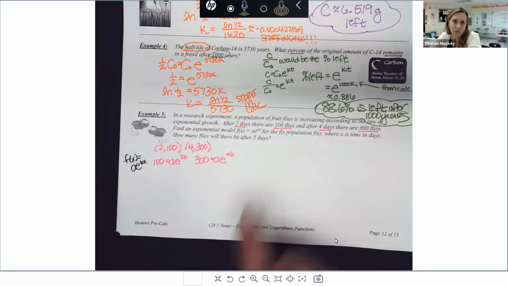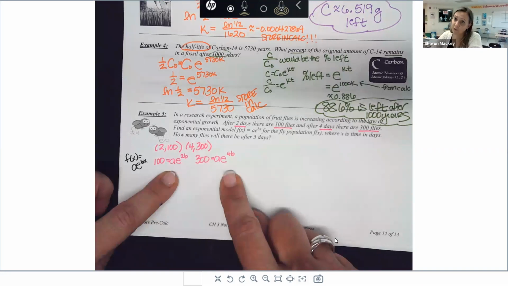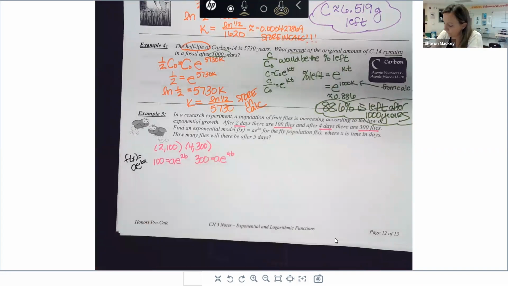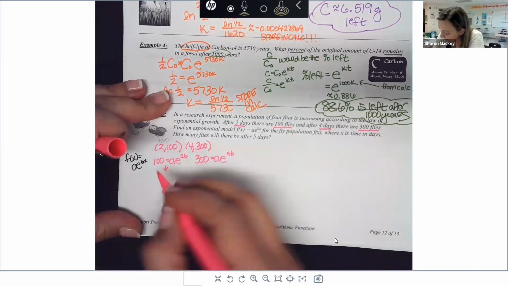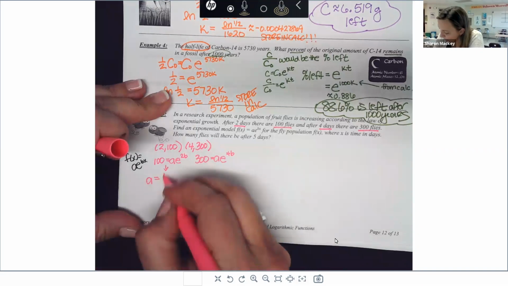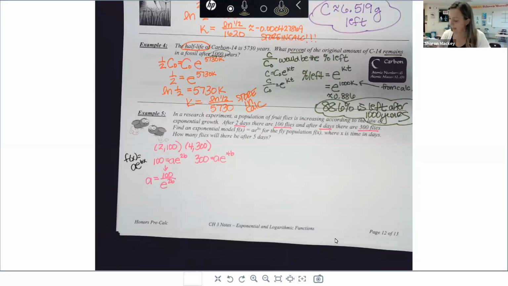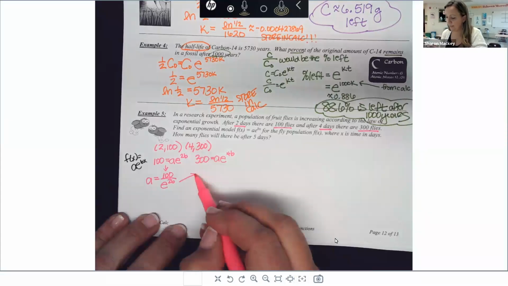But which equation should you choose? I always choose the one that has the smaller exponent. So I'm going to isolate a here, and I'm going to find that a is 100 over e to the 2b. And then I'm going to put that into this equation.